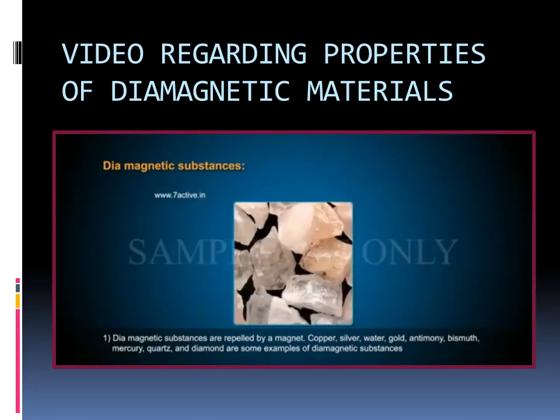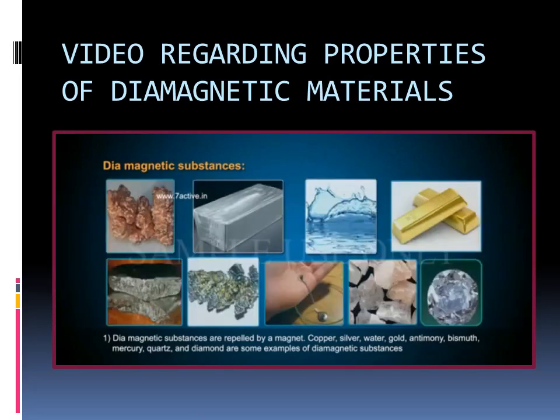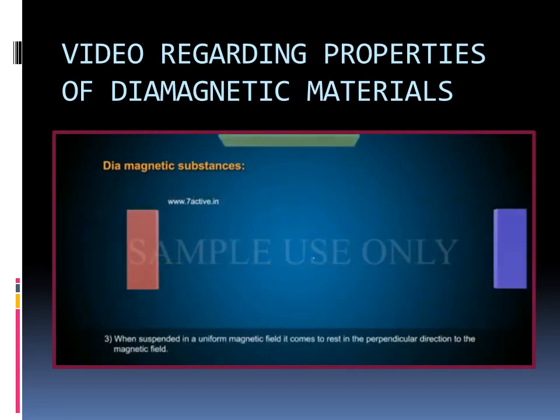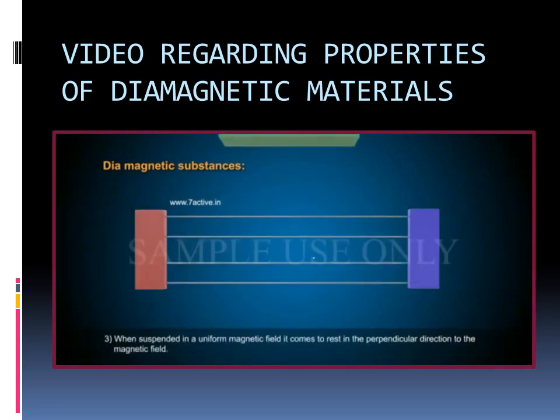Diamagnetic substances are repelled by a magnet. Copper, silver, water, gold, antimony, bismuth, mercury, quartz, and diamond are some examples of diamagnetic substances. 2.